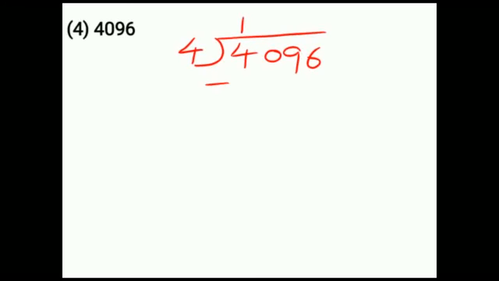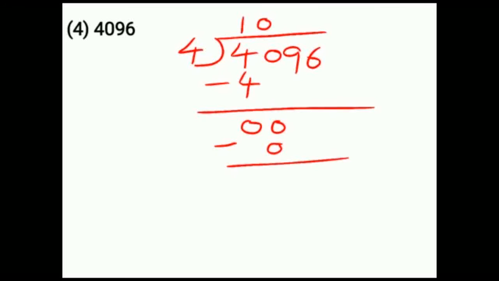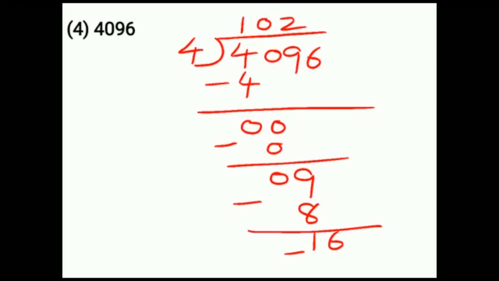Four ones are 4. One digit you have to bring it down when you are dividing. 4 zeros are 0. 4 twos are 8. 6, bring it down. 4 fours are 16.